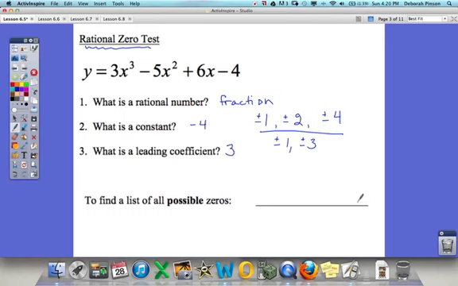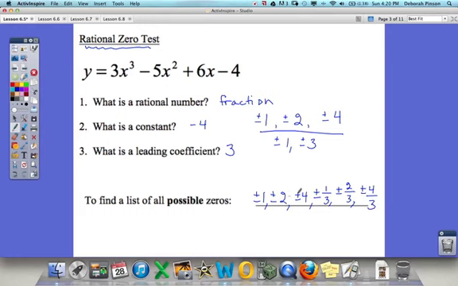Now, to list your possible zeros, you're just going to make a fraction out of those. So I took factors of my constant over factors of my leading coefficient. Now let's actually list these out. So I have 1 over 1, 2 over 1, 4 over 1, 1 over 3, 2 over 3, and 4 over 3.